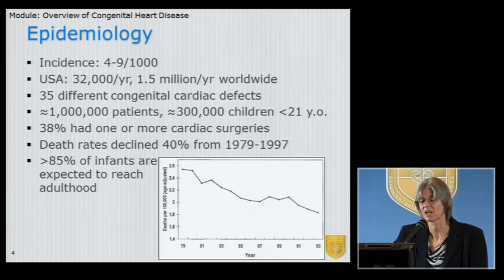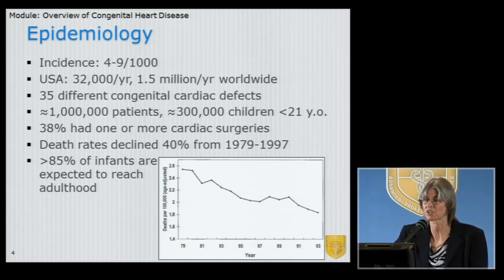At least 38% had one or more cardiac surgeries, and the death rates declined dramatically over the last couple of decades. And nowadays, 85% of infants are expected to reach adulthood, which means they will go to school, they will play sports, they will ride bikes, they will come to our ERs and our hospitals, not only for cardiac surgery or cardiac cath procedures, but also in the trauma bay when they fall off the couch, or they come for dental rehab.